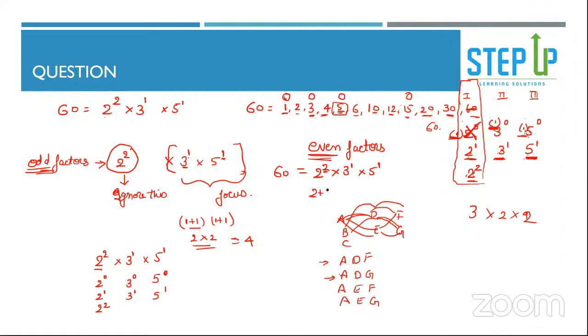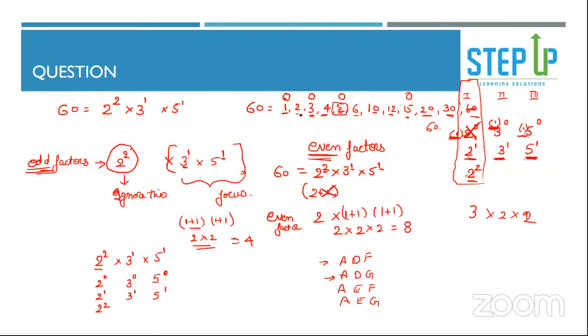I generally write 2 plus 1, but when I'm calculating even factors, I know that this plus 1 is not playing any role for me. So I'll just write 2. And the rest of the things I'll be doing the same. 2 into, I'll take this 1 plus 1, I'll take this 1 plus 1. So this will be 2 into 2 into 2. So you are getting 8.